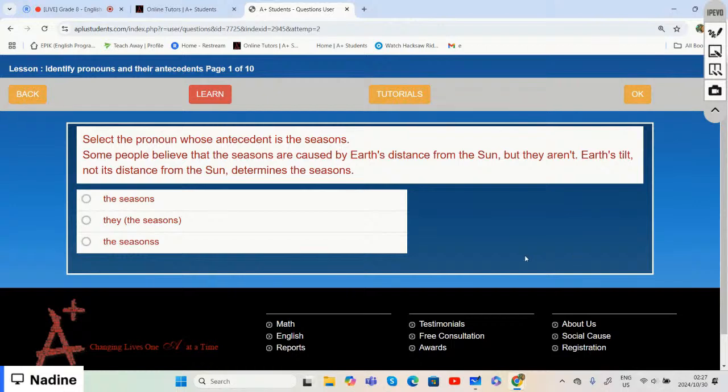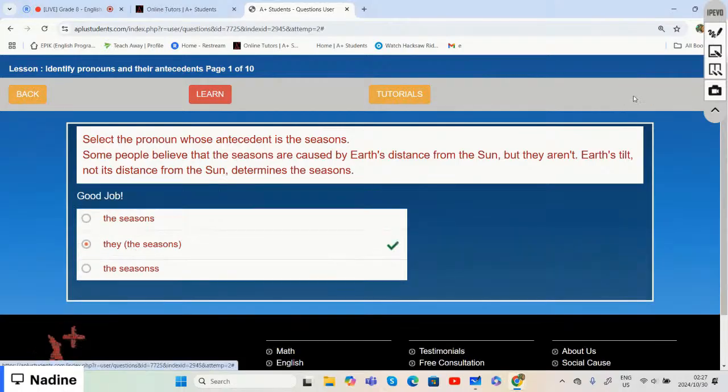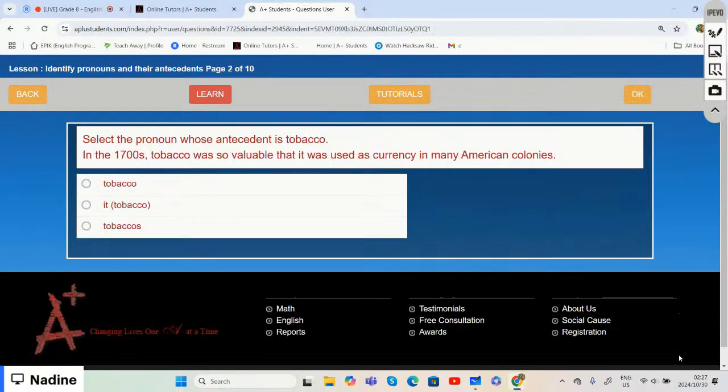All right. And if we were to choose the correct one, we will choose option two. In the 1700s, tobacco was so valuable that it was used as currency in many American colonies. We need to look at the pronoun whose antecedent is tobacco.